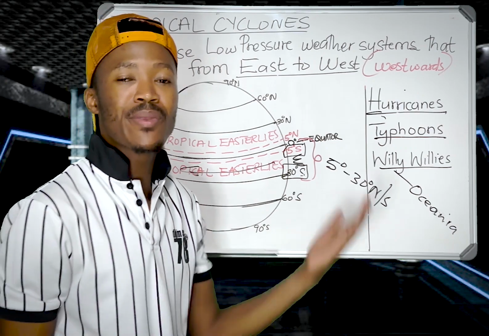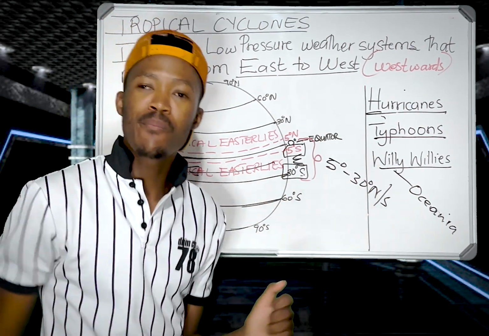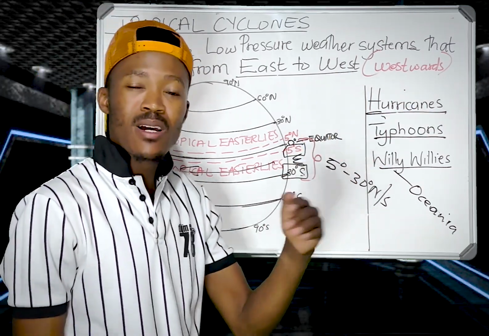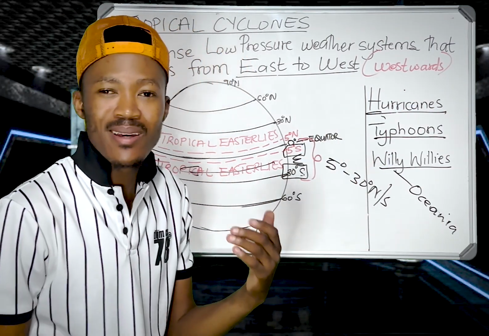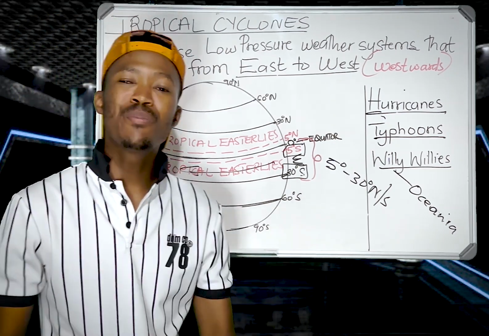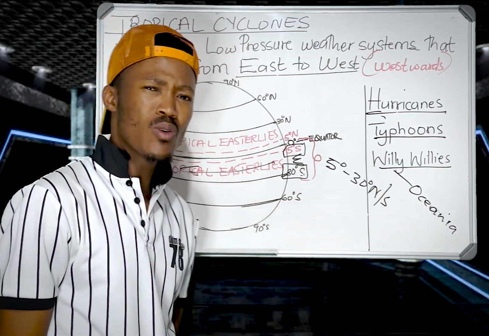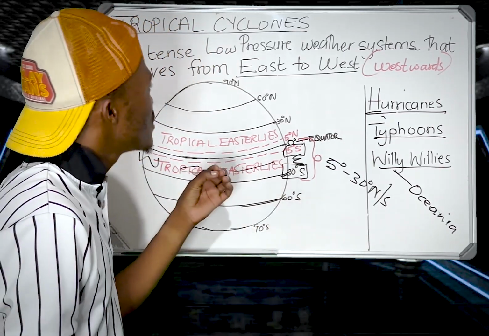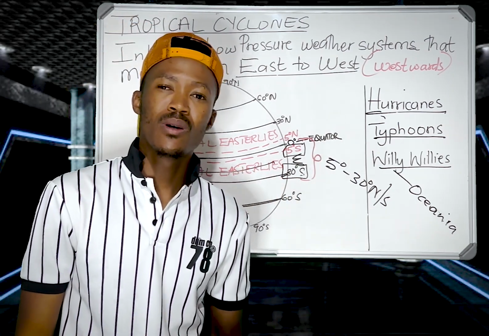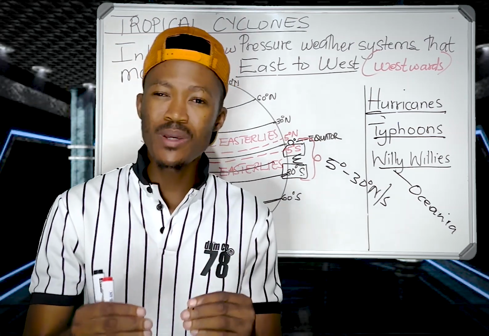When they use the term Typhoon Lee, for example, or Typhoon Joshua, since it is in Asia, then you know that these are more likely occurring in the northern hemisphere. But once we use tropical cyclone Freddy, for example, then you know that this tropical cyclone is occurring in the southern hemisphere.